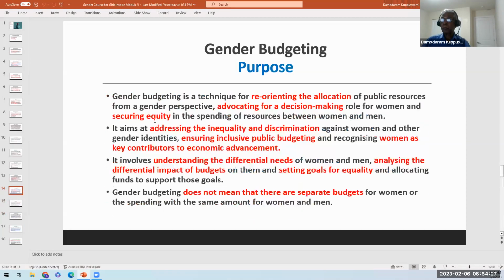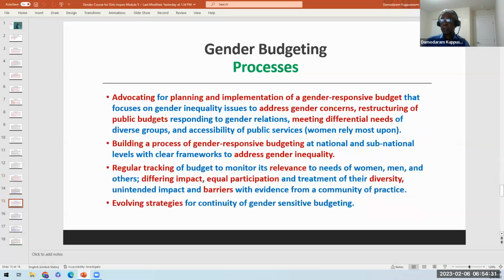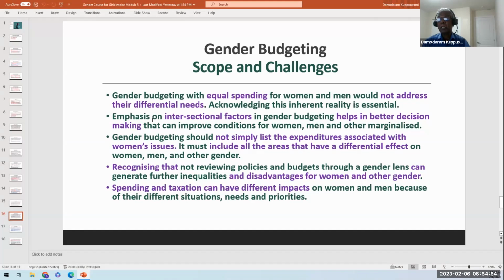So having said that, what purpose, what processes do we need to keep in mind? What is the scope of gender budgeting? What challenges exist? We have been saying we are not looking at two separate budgets. So therefore, when we say that there is equitable gender budget allocation, gender budgeting must look at the spending part of it.